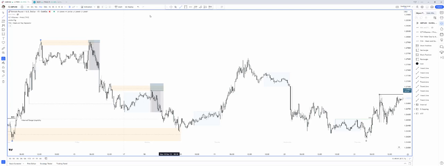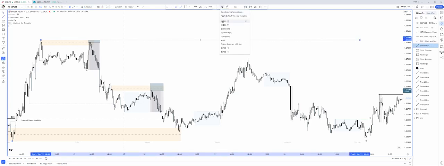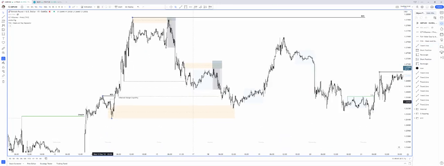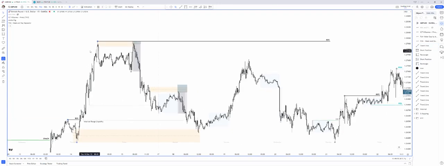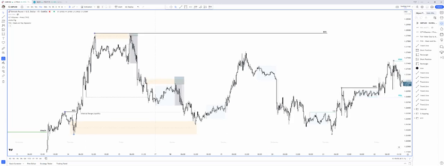And what were we expecting? We were expecting a break of structure, and then we were expecting this to go up and take the high, and then maybe we will have another breakup structure, and then we will have a range like this.